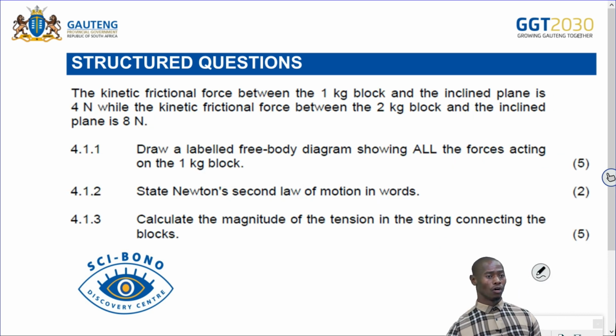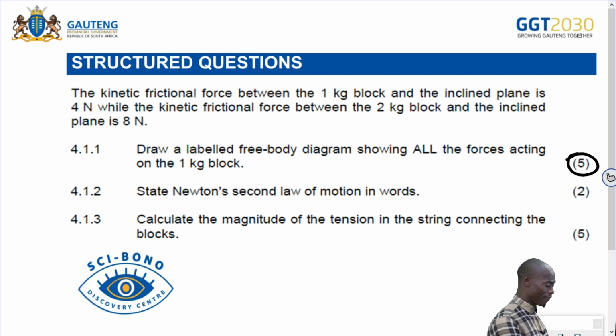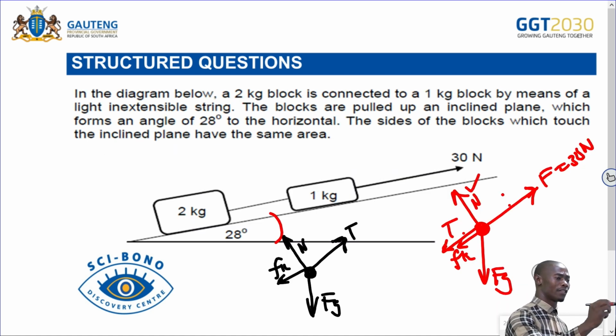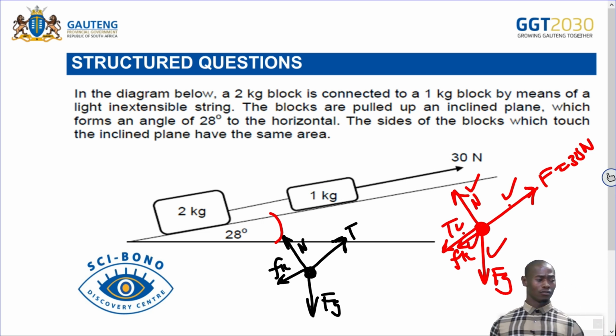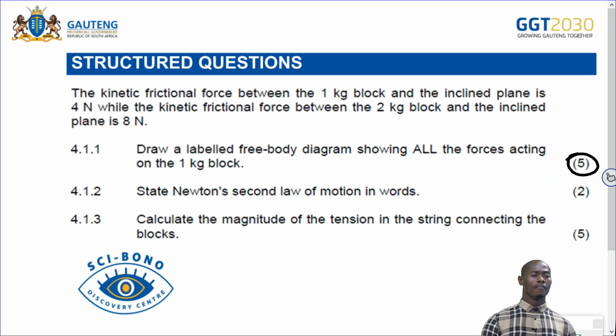That is why it's 5 marks there. Why 5 marks? Because of those 5 forces: the normal force, the force applied, the Fg, the tension, and the Fk. But for the 2 kilogram block, it's 4. Then what are they looking for?